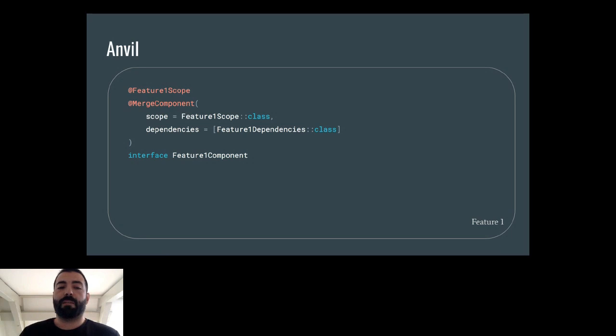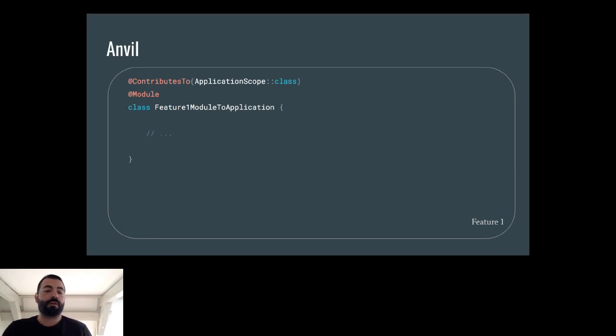Merge component is going to be the entry point, and it will collect all the contributes to modules that are using scope as feature one scope here and merge them into this component. And I'm also using dependencies as feature one dependencies. So whenever it needs access to the logger or the dependencies with app lifecycle, it will just receive them from the parent.